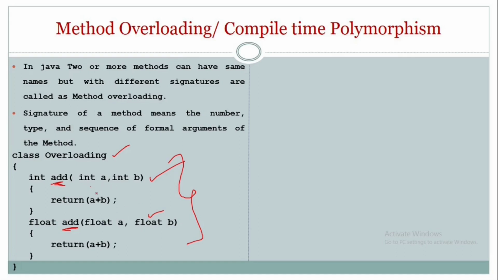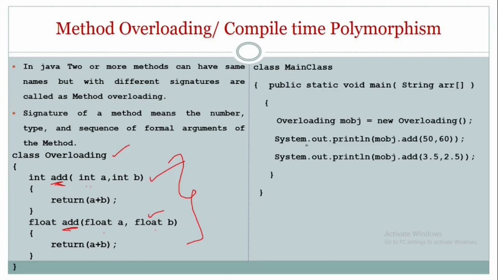When I say signatures, it can be the number of parameters, type of parameters, and sequence of parameters. Now we'll create a main class, and create an object of class Overloading. Now we'll call these two methods.